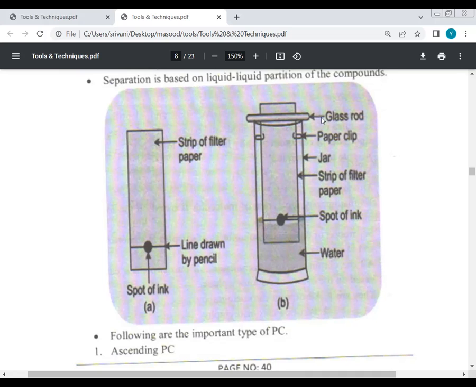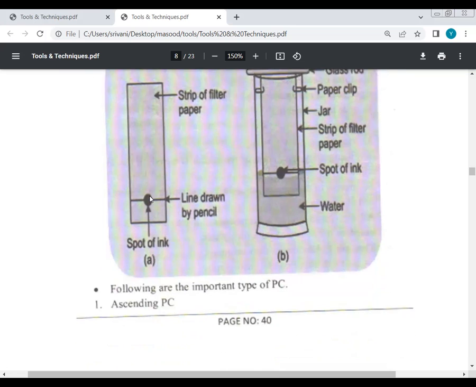This paper is hung with the glass rod. A paper clip is kept so that it does not fall into the water. Next, this is known as a beaker, or otherwise you can take a jar, also no problem, a measuring jar. Whatever is there in your laboratory, you can use with that strip of filter paper.